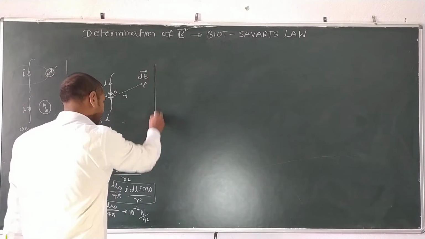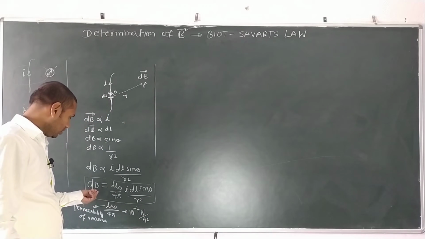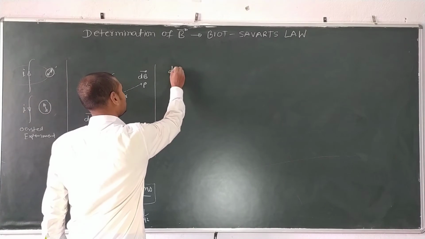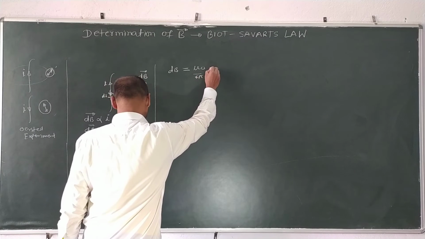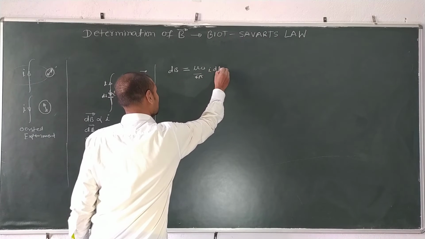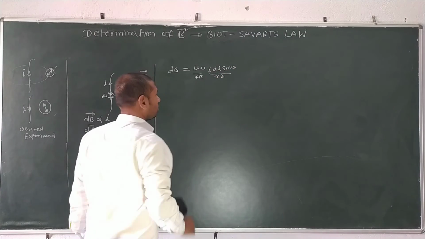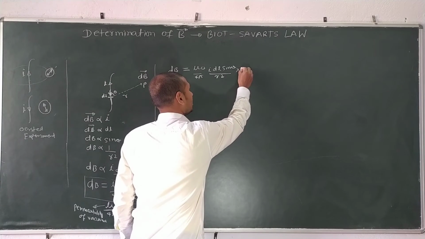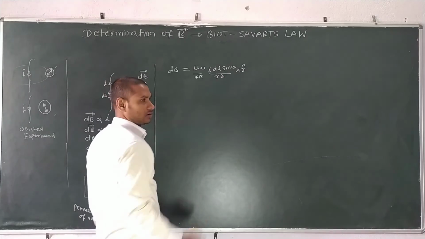And what is the direction of dB? How can we conclude the direction of dB? For the direction of dB, along with I dl sine theta divided by r square, we multiply by r cap, the unit vector of r.